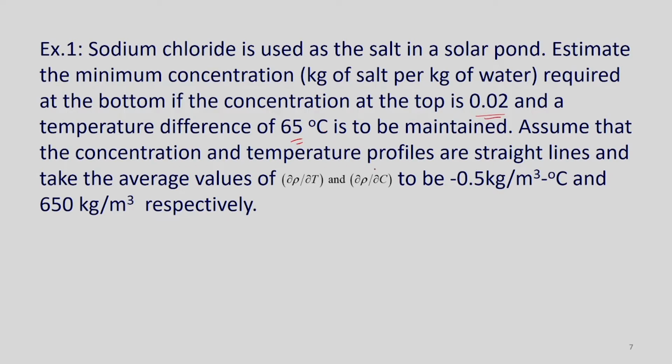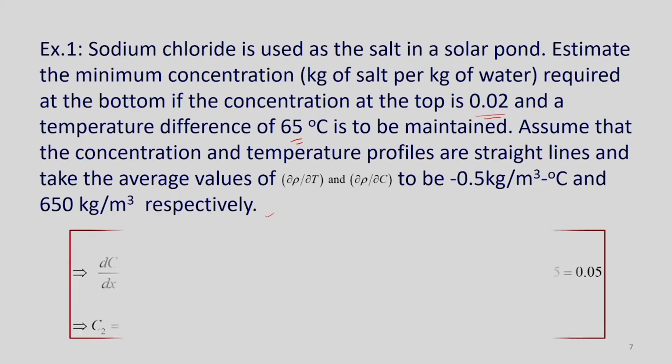Assuming the concentration and temperature profiles are straight lines, and taking the average values of dou rho by dou T and dou rho by dou C to be minus 0.5 kg per cubic meter per degree centigrade and 650 kg per cubic meter respectively, we can calculate the minimum concentration.